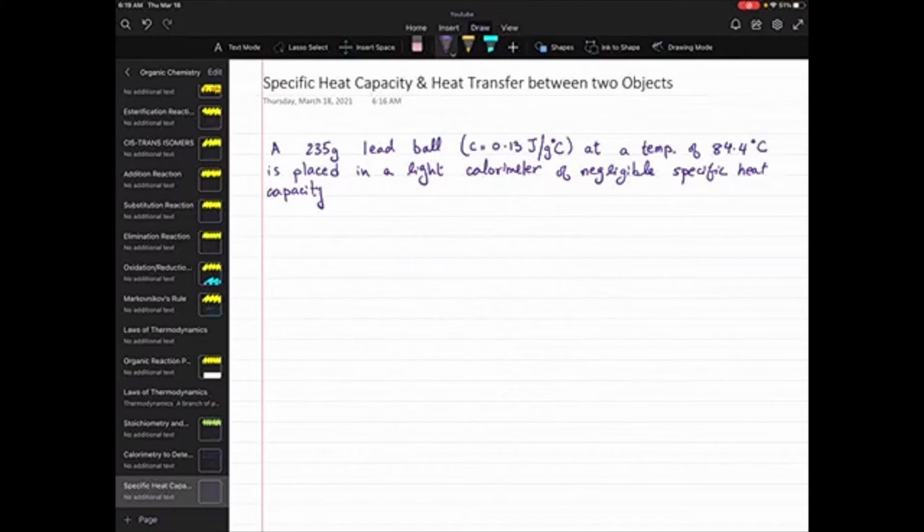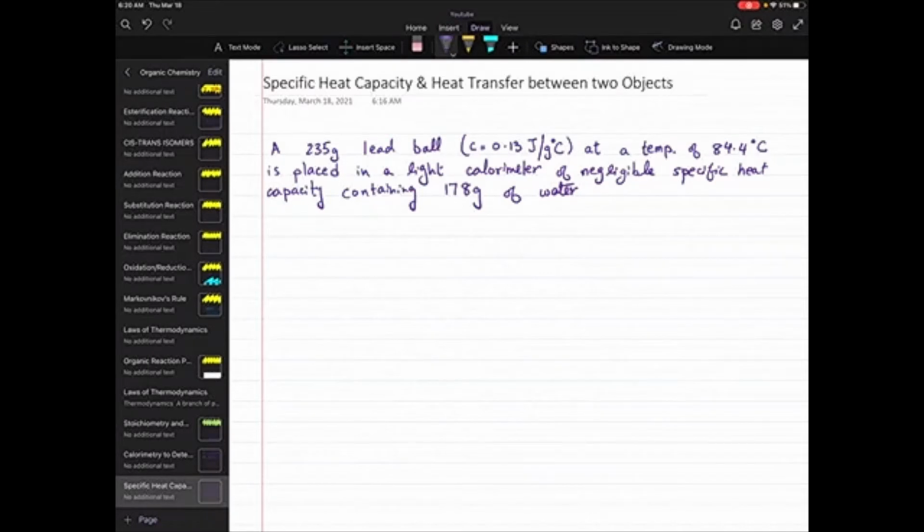So now this calorimeter containing 178 grams of water. Okay, so that's the water that is going to be changing temperature, absorbing the heat that is being released by the lead ball.